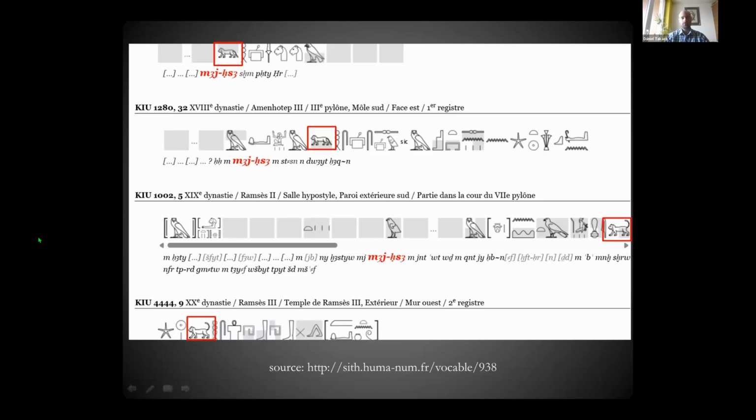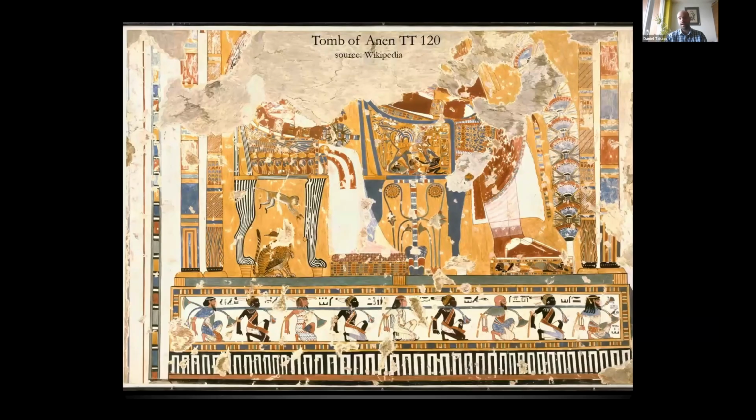I took a look at other cases as well where you can see lions with hanging down tails and perked up tails as well. But generally speaking, none of them seem to have the sun disk on the head. And for that, I needed to go to another place to find an explanation of what is going on in this text when it's talking about the king as a ferocious lion. And I found it.